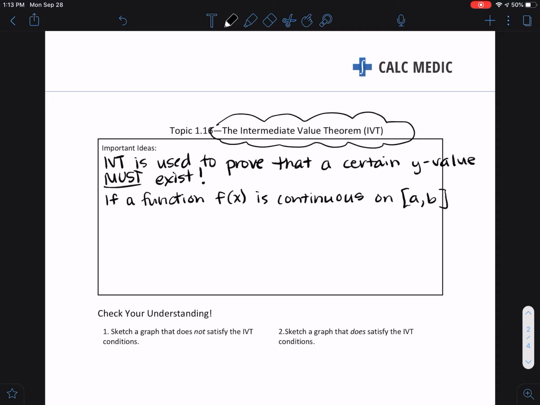So it might not be continuous the entire time, but it's continuous for the part of the function that we're looking at. Then, and this is our calculus definition here, f of x must hit every single value between f of a and f of b. Must attain, or we can say hit, every y value between f of a and f of b.